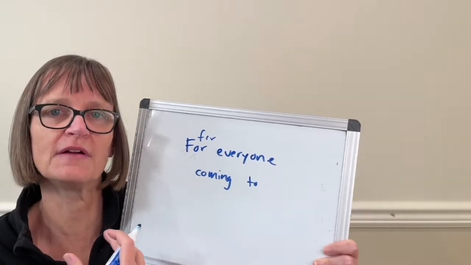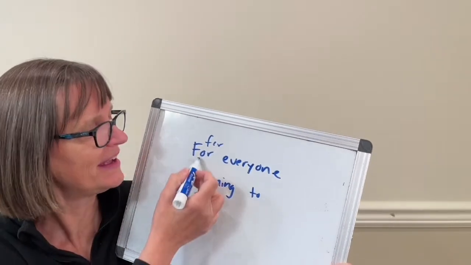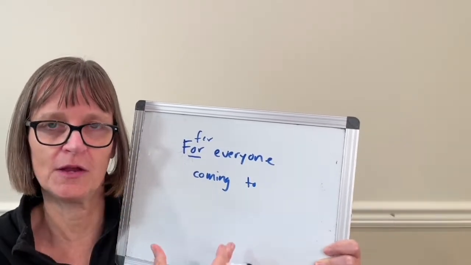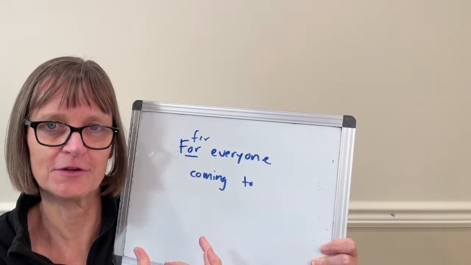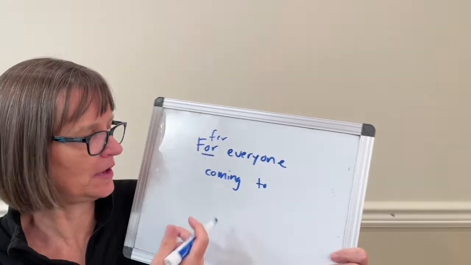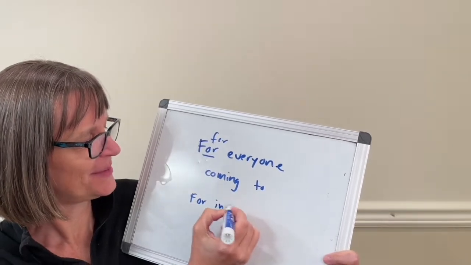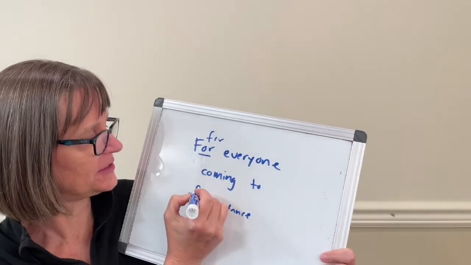If I say for everyone coming to the party, I can use the true for really at the beginning or anywhere, and it's not always going to slow me down. But for instance, if I'm saying at the beginning, I may still say for instance.